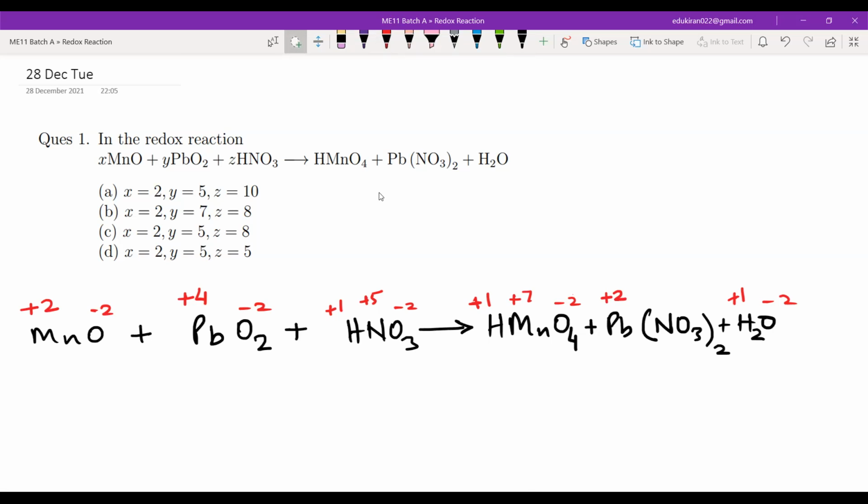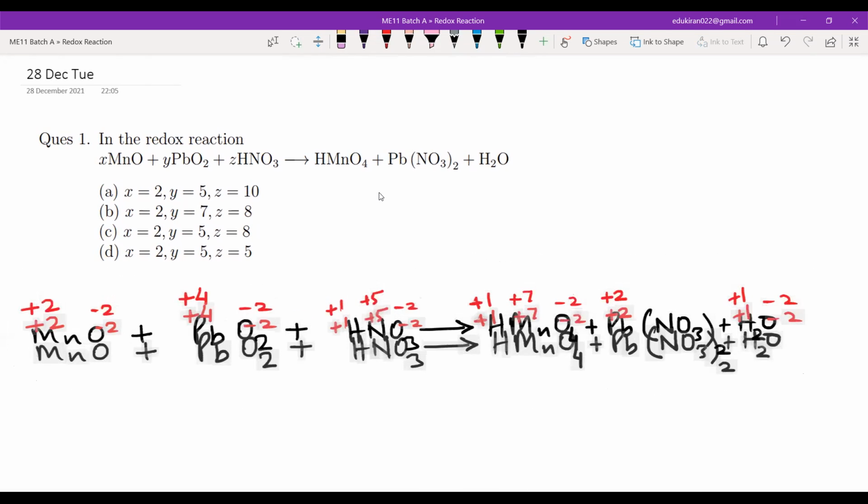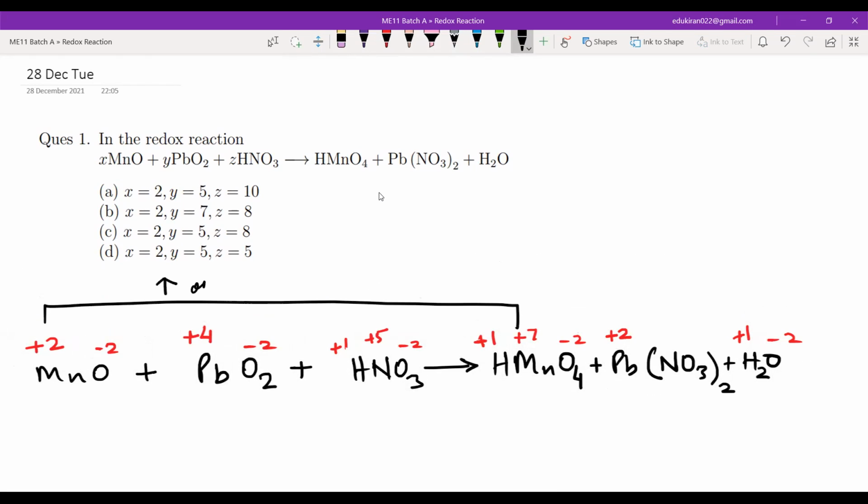If I go from lead from reactant to product, there is a decrease in oxidation number by 2 per atom. Now you write 5 here, 2 here, and do cross multiplication, and after that we will be balancing the other things.